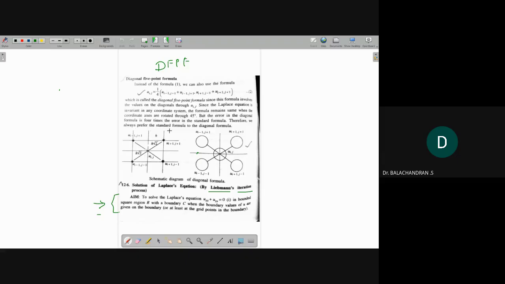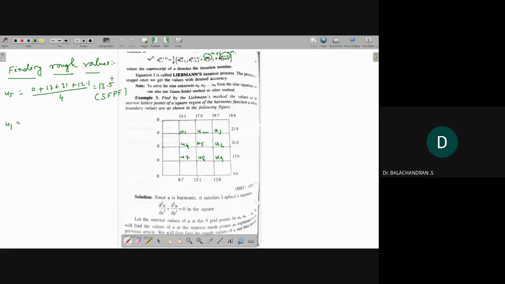Therefore, we always prefer the standard formula to the diagonal formula. But if it is not possible to use the standard 5-point formula, then there is no other way. That's why I am finding the rough values first, because here I am going to use the diagonal 5-point formula. U1, what is U1?